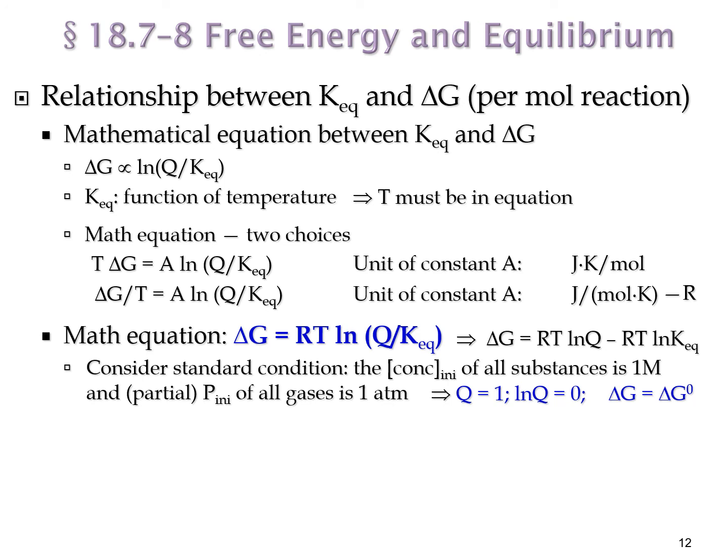We have delta G equals negative RT log of KEQ. And because we're talking about a standard condition, delta G becomes delta G0, because 0 is a mark to label the condition. This is a standard condition.